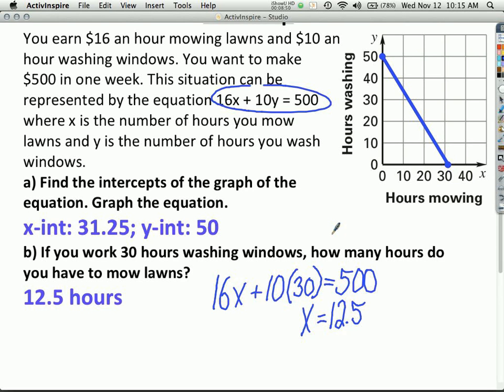So you figured out what was the amount that was washing windows? Oh, okay. So you knew this right off the top of your head was going to be $300, and there had to be $200 left because he's trying to make $500 total. Great approach. Anyone use a different approach? Really, I'm shocked. There was a very simple way to find the answer.